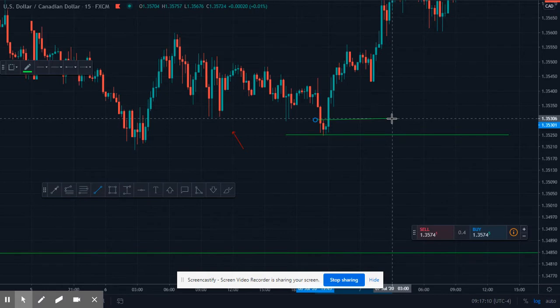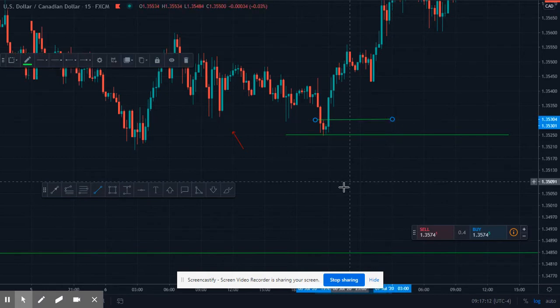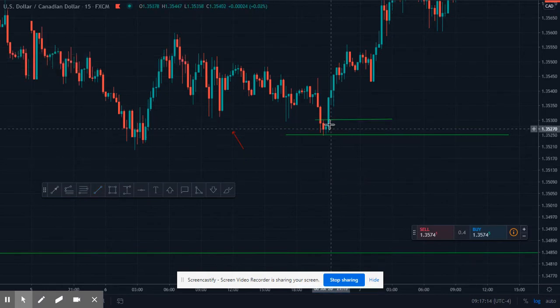So we would have been looking for this move. As soon as price crossed this threshold, because it took out this red candle, it eliminated it, we went long. We'll put our stop loss below the candle that was eliminated.